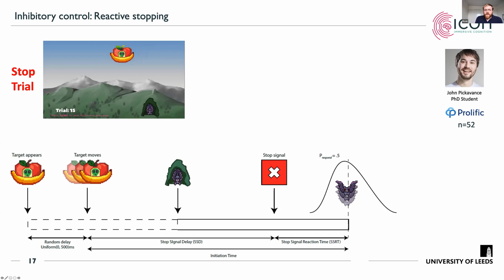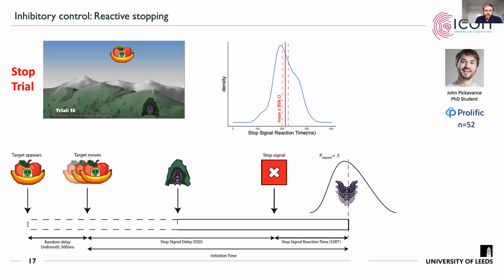We present the stop signal initially right about when we think you want to start moving. Then we staircase the stop signal back and forth to determine a time where it's presented before you would need to start moving, and you can only stop yourself on 50% of those trials. We're always staircasing this so that for each individual, 50% of their trials they make it when the stop signal is presented, and 50% they fail.